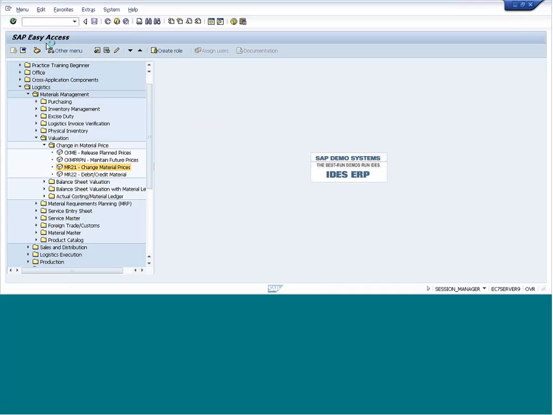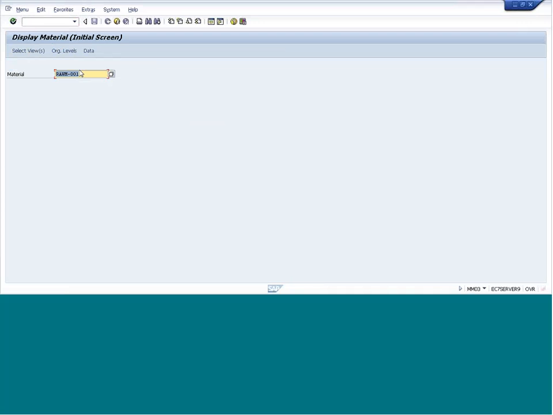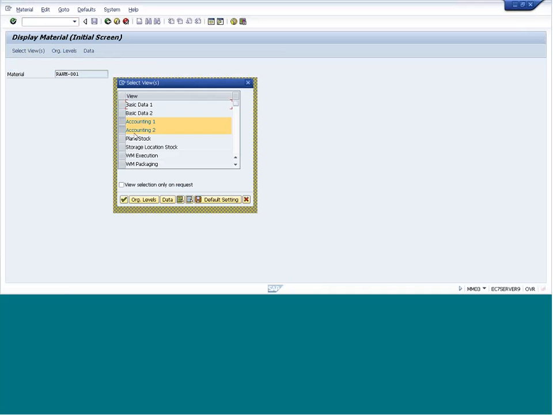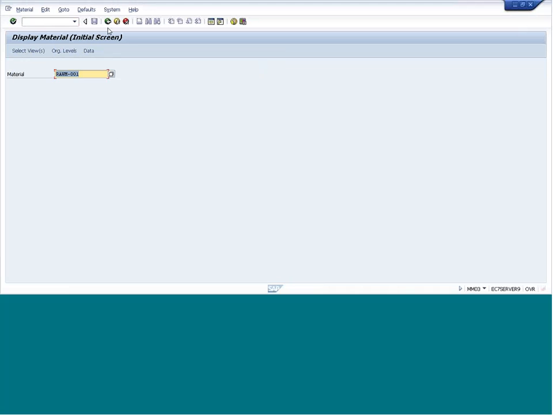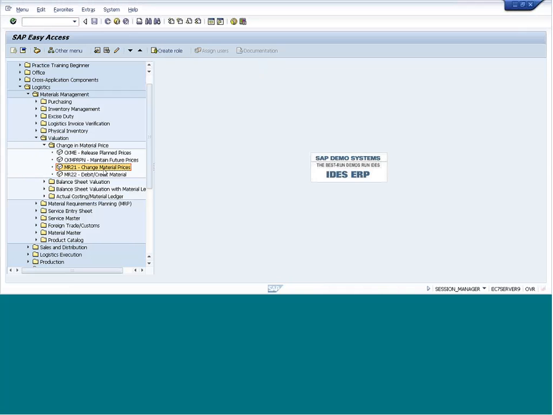My price, I changed it, so now I can go and look at that price, which is 150, because manually you went there and changed it. Earlier it was 125, now it is 150, which means the difference is posted to the accounting. You can go and check the price change document. The price change document which is posted will result in the accounting there.